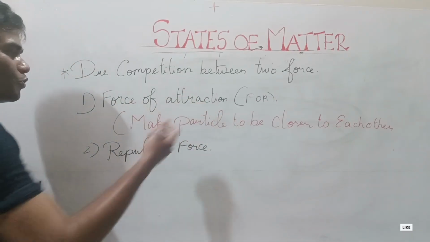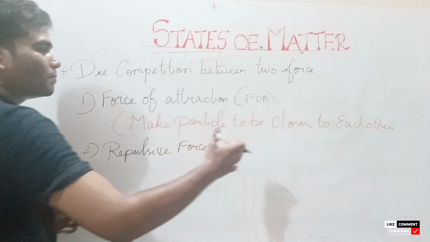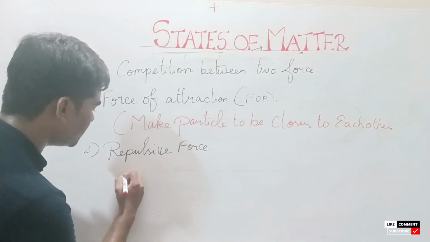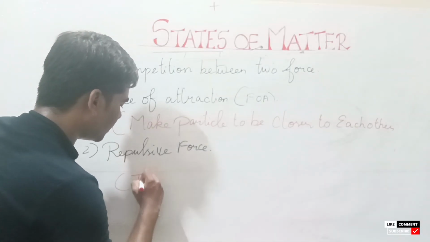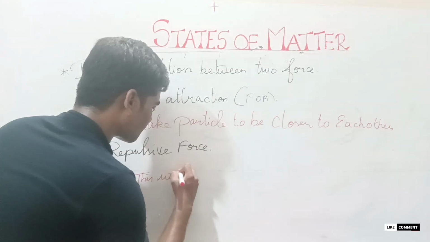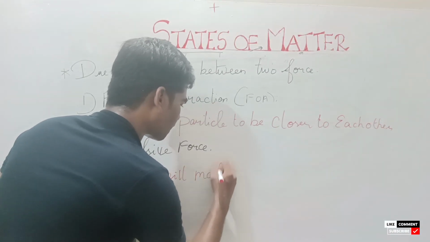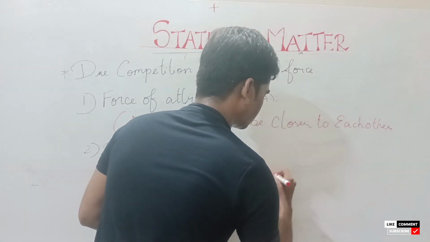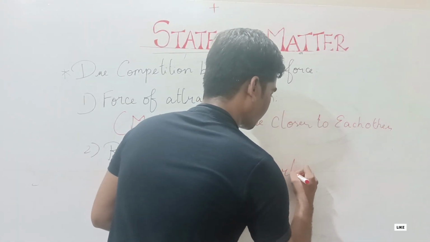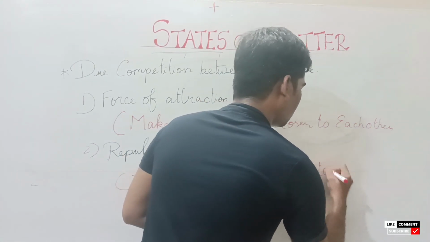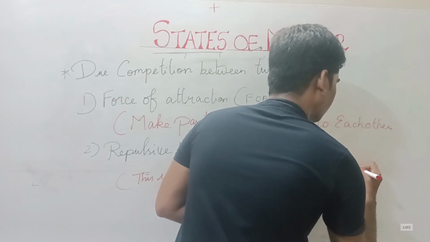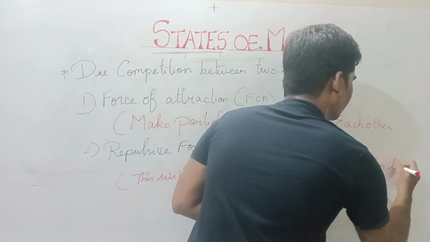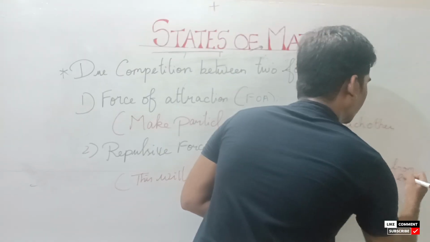As we studied in force of attraction, the force which makes the particles be closer to each other, in the repulsive force, this will make the particles move far from each other.